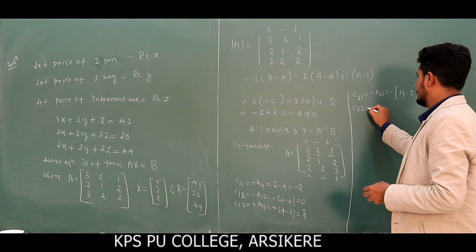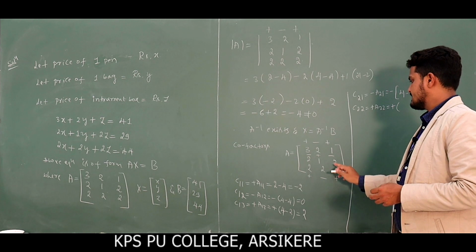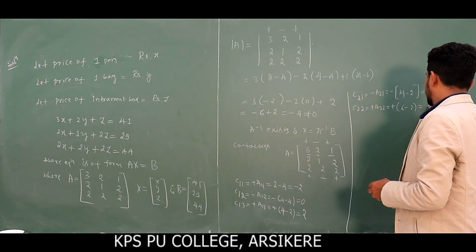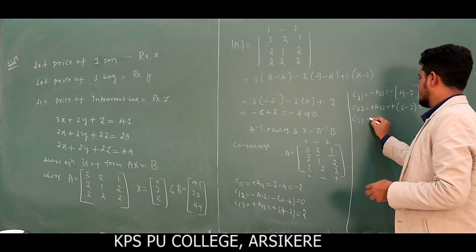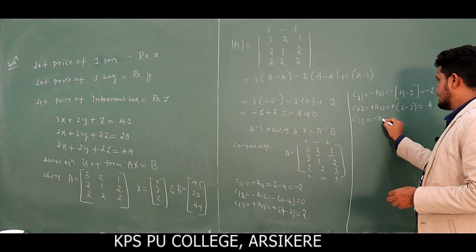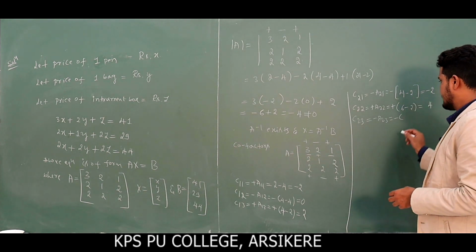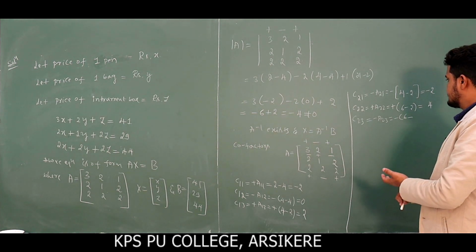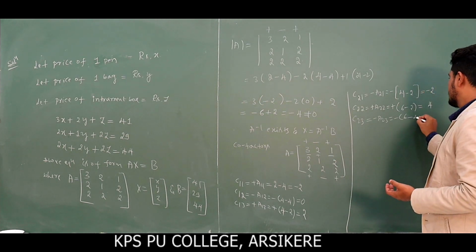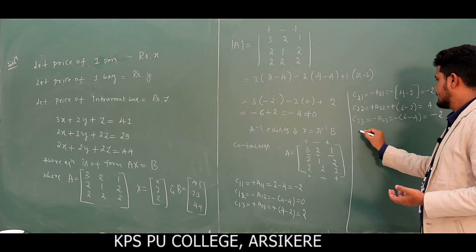So C22 is plus A22, eliminating second row second column: 3 2s are 6 minus 2, 4. C23, so minus A23, eliminating second row third column: 3 2s are 6 minus 4 which is equal to minus 2.